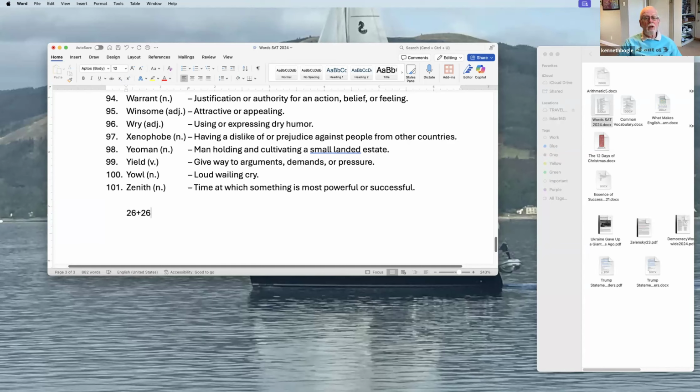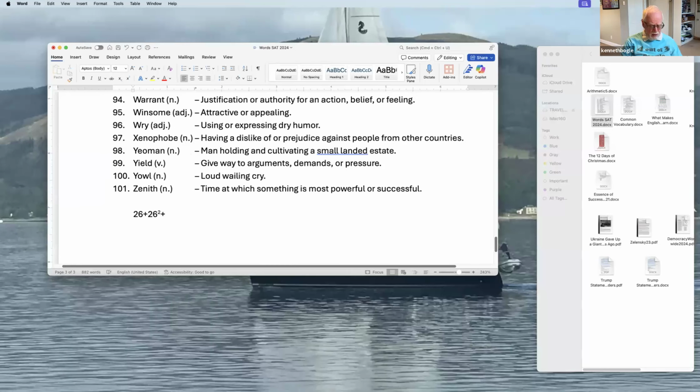Exactly. Even though maybe they don't make sense, it is possible to have 26 squared two-letter words. And we could go on from there. If we were going to deal with three-letter words, then I could have 26 raised to the third power three-letter words.